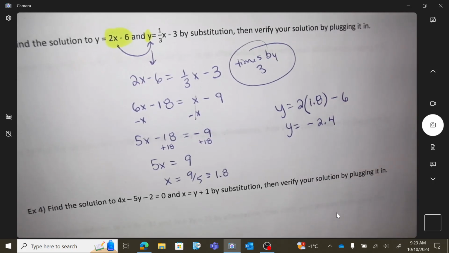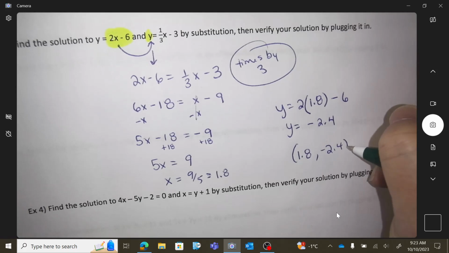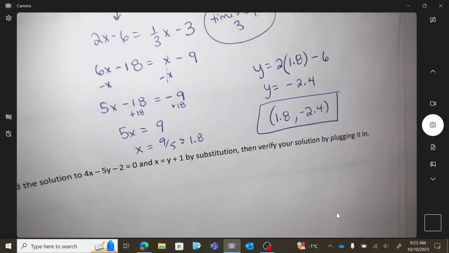That is fine. See if we get the same answer. So this is a coordinate of intersection. If I answer it, this coordinate is where they intersected.